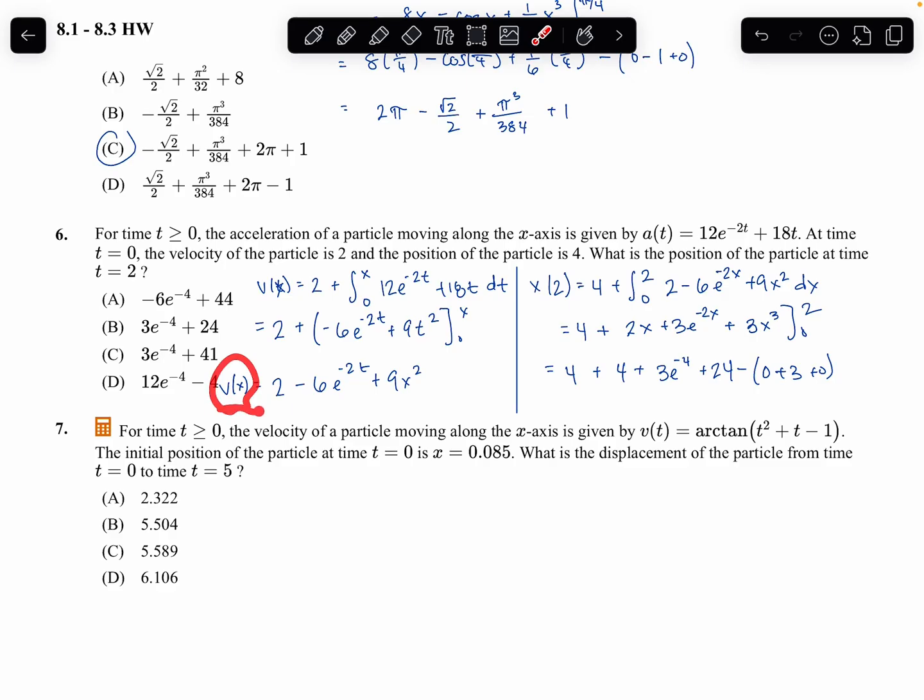Let's see, v of x, 2 minus 6, 9x squared.